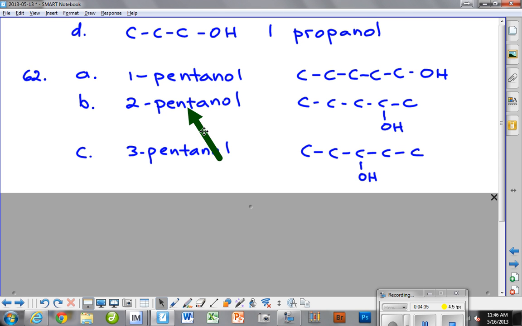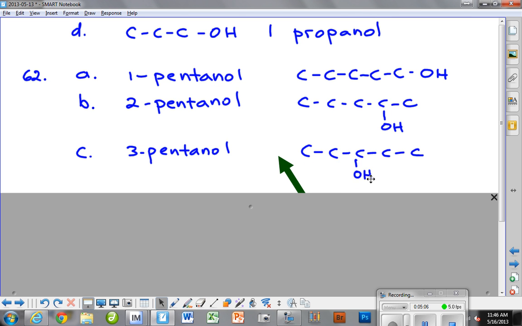And then we have a 3-pentanol, where the 3 states where the hydroxyl group is, and the pentanol refers to a 5-carbon chain. Now if I move this hydroxyl over here, this is not 4-pentanol. This is 2-pentanol. Why? Because now the hydroxyl group is closer to this end than to this end, so this becomes carbon number 1.